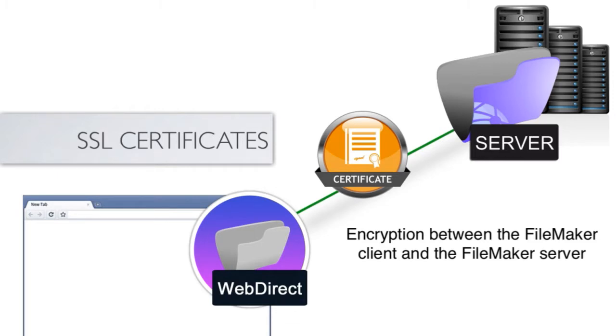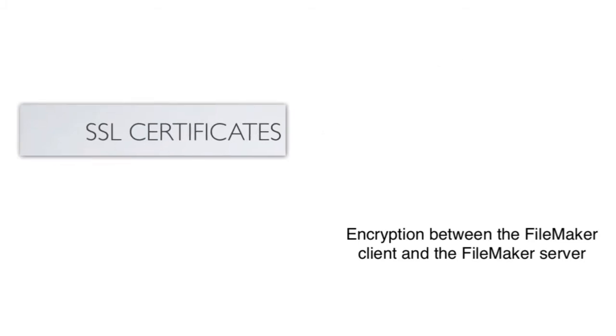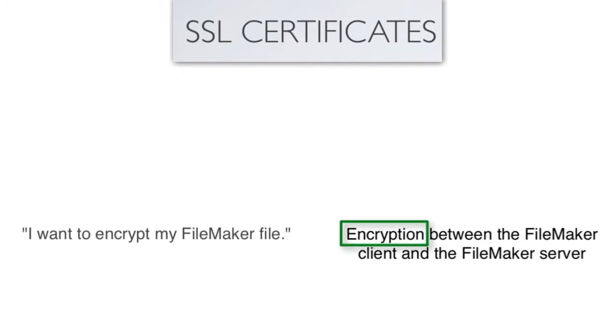Now let me ask a question, because there's a lot of encryption. We hear about lots of encryption. So this is the encryption over the wire. Is this the same as the encryption when people say, well, I want to encrypt my FileMaker file?